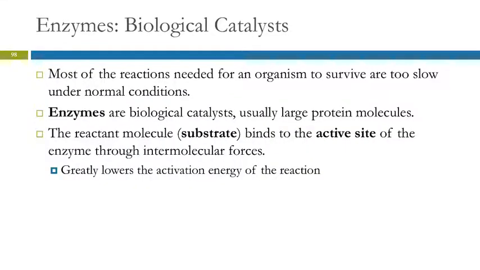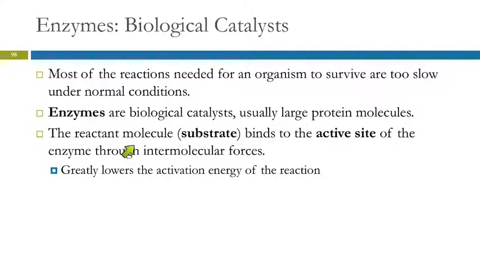Enzymes. These, I think, are the most interesting. I kind of alluded to this earlier. The reactions needed for your body to function, for any living organisms to function, are way too slow under normal conditions. It's not going to work. So enzymes are the name for the biological catalysts that cause all of these reactions to occur in a more expedient manner. Enzymes are usually large protein molecules.